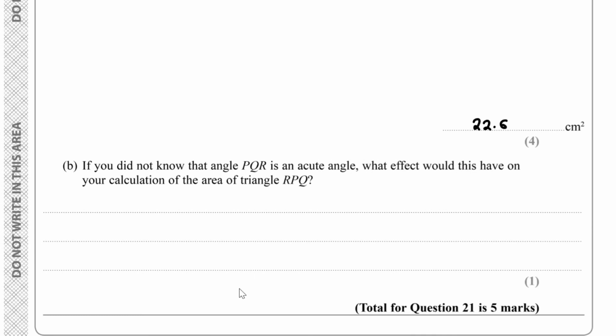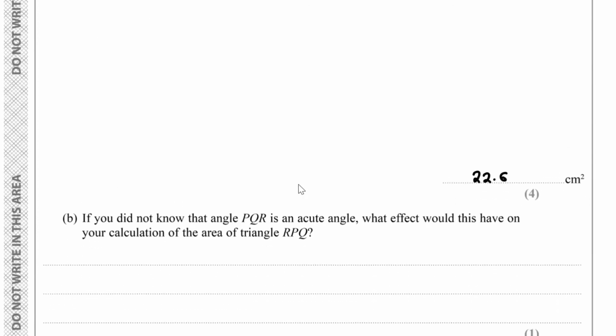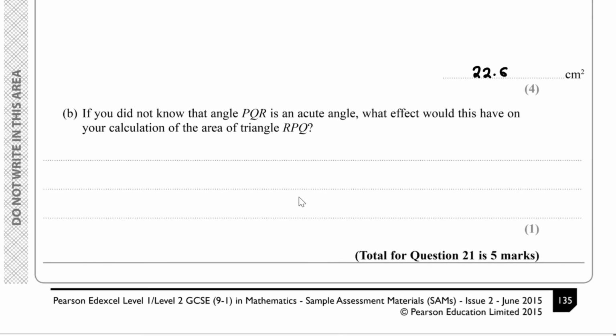Now for part B, slightly more tricky. If you did not know that angle PQR is an acute angle, what effect would this have on your calculation of the area of the triangle RPQ? Well, to do this, I think it will be a good idea to draw out the situation.